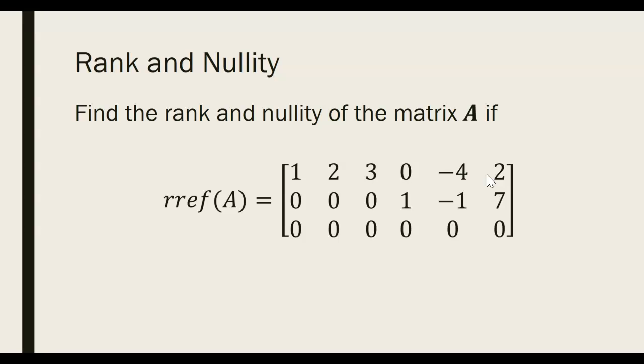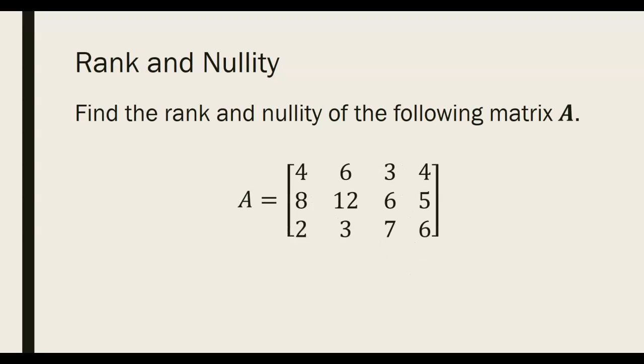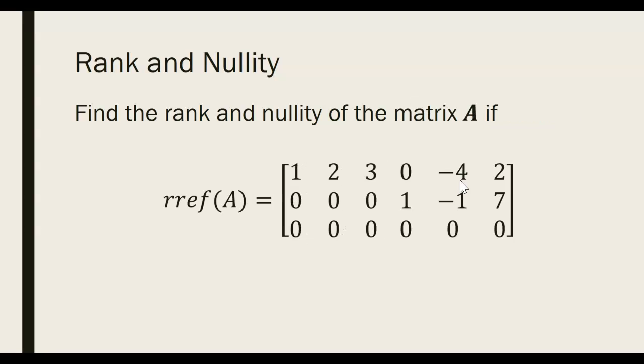So 2 plus 4 had to be 6, and 5 plus 1 had to be 6. And in the one before that, we had 3 as our rank and 1 as our nullity. 3 plus 1 is 4, and we had 4 columns.